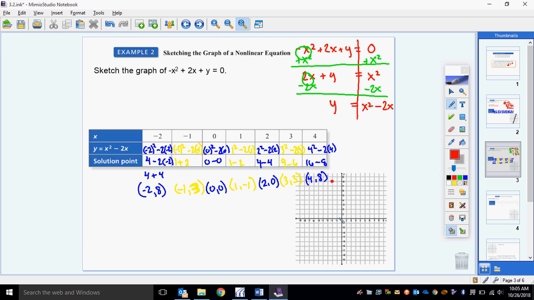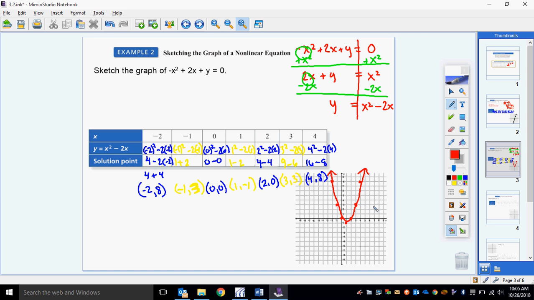Okay, so negative 1 comma 3, and then 0, 0, and then 1, negative 1, 2, 0, 3, 3, and 4, 8. So this one isn't a straight line. It looks like I'm going to have to curve my graph.